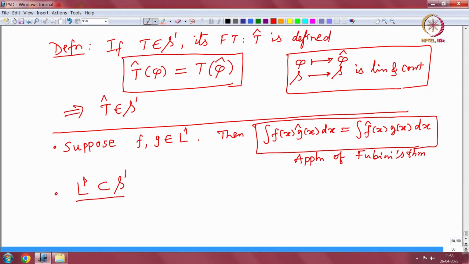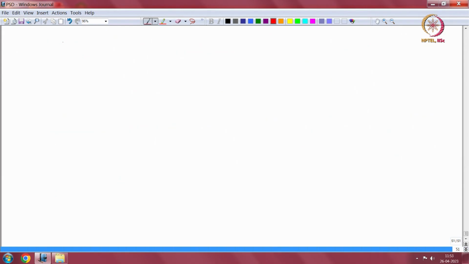So, suppose f is in L1. Okay. So, let me write f identified with T_f is in S prime. So, as such it will have its Fourier transform. Okay. So, let us compute that and verify that it is the old definition of the Fourier transform.